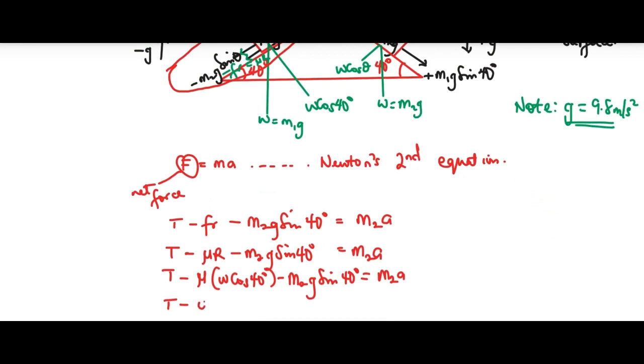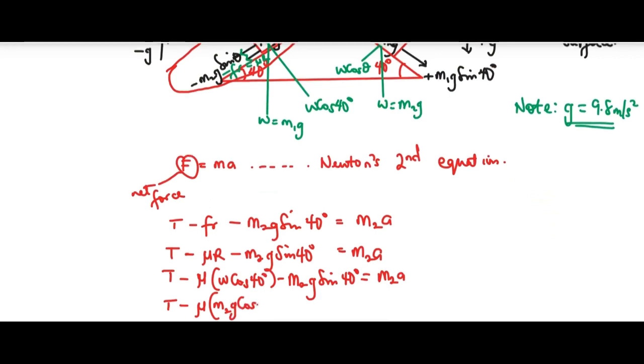T minus mu into bracket, your W here is your second W. So we have M2G cos 40 degrees minus M2G sine 40 degrees equals M2A.